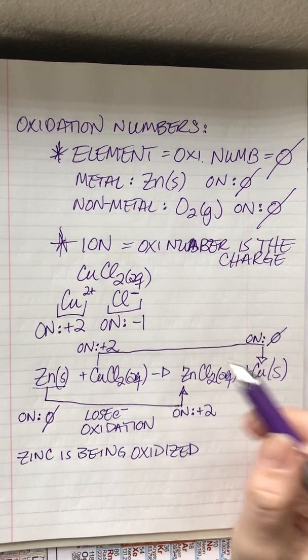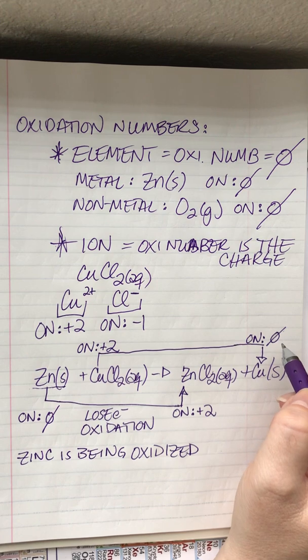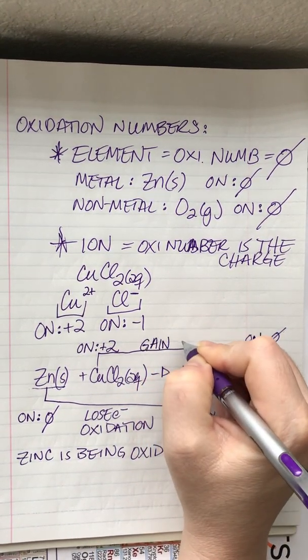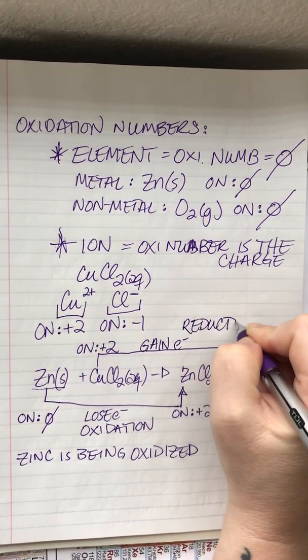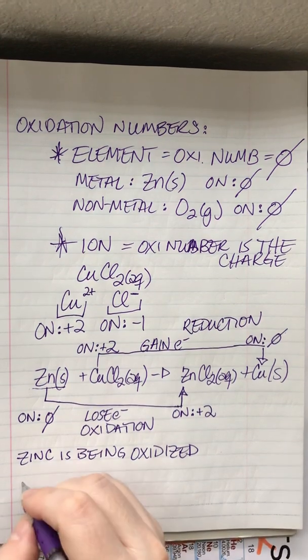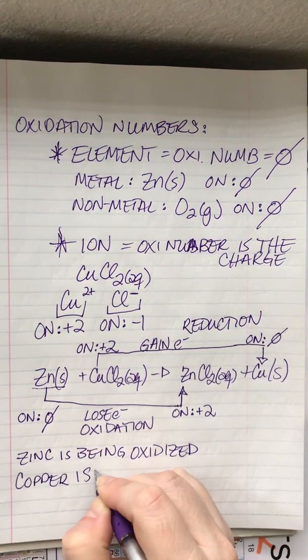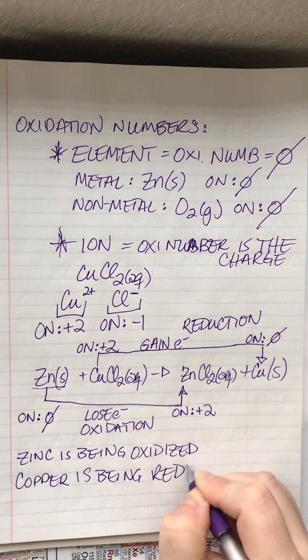So going from +2 to 0, what had to happen in terms of electrons? We had to gain electrons, which is reduction. So copper is being reduced.